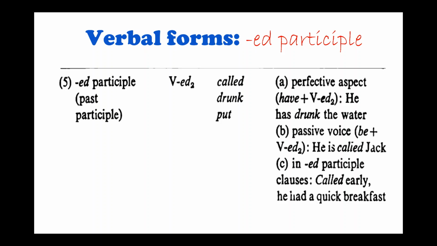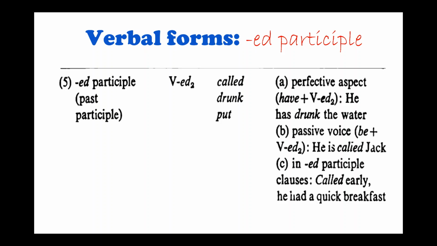Now, is is the auxiliary, and it is the passive auxiliary, the voice auxiliary. It changes the voice. Therefore, we need to use the following verb, that is the main verb, in its past participle form.